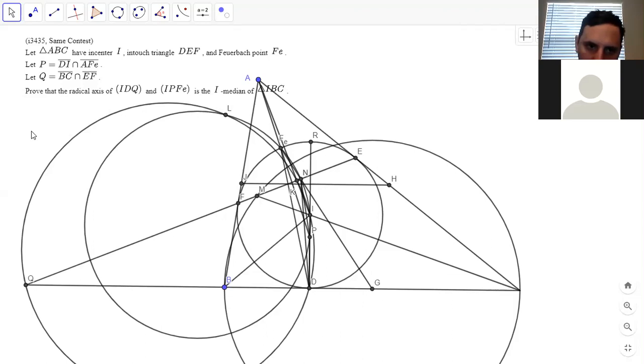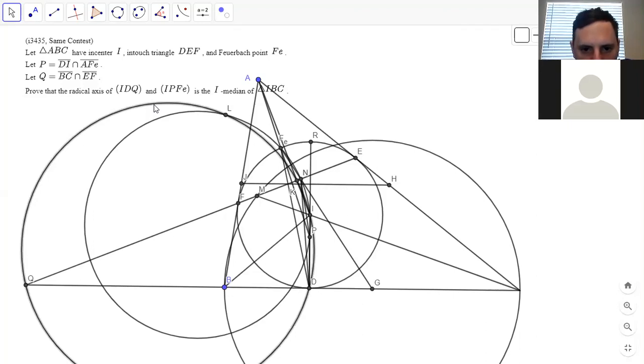Oh, I think I know why it is the angle bisector. Okay, so basically, by the inversion, we would have that QDN and FE is cyclic.